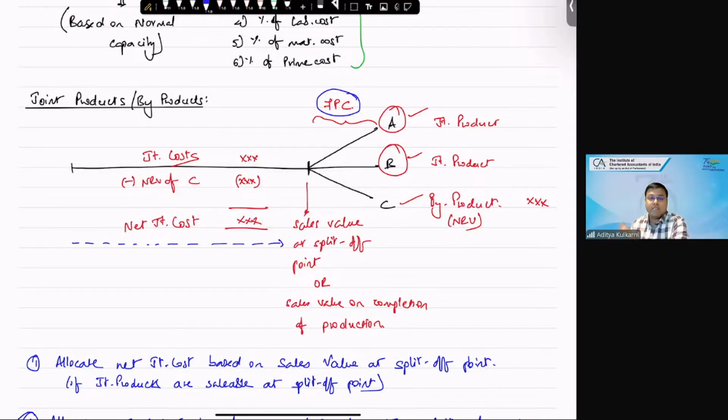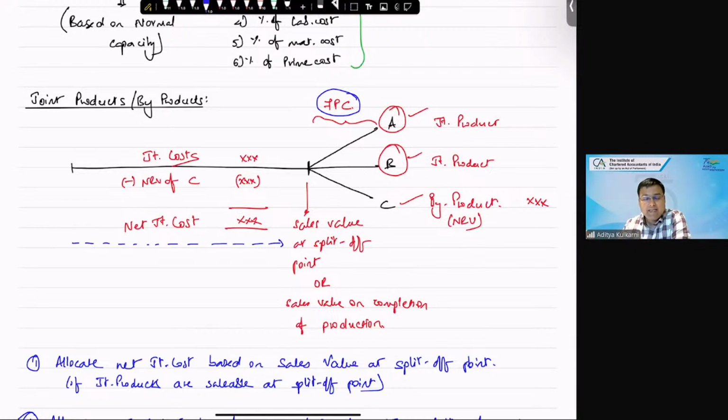Now coming to the next one. A, B and C. C is a byproduct. So for the allocation to C, I have two options. First one is, if I treat the byproduct as something similar to scrap, matlab I don't really intend to make any money out of it. It just came out as an output, which was not really my intention.